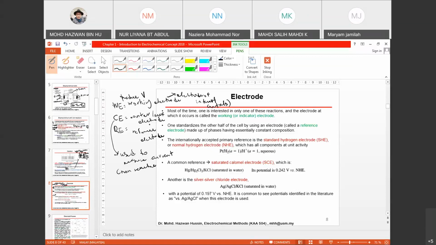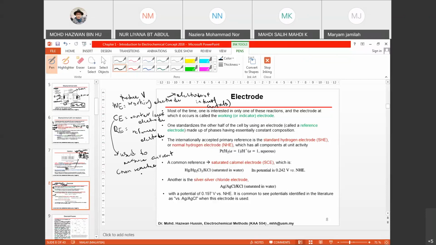If your counter electrode is also active, then you have two electrodes that are active, producing potential, and later on your electrochemical system will be in chaos, because you have two active materials at the same time. Maybe it will consider which one is more reactive. Then that one would be the working electrode, I mean, of interest, or anode.